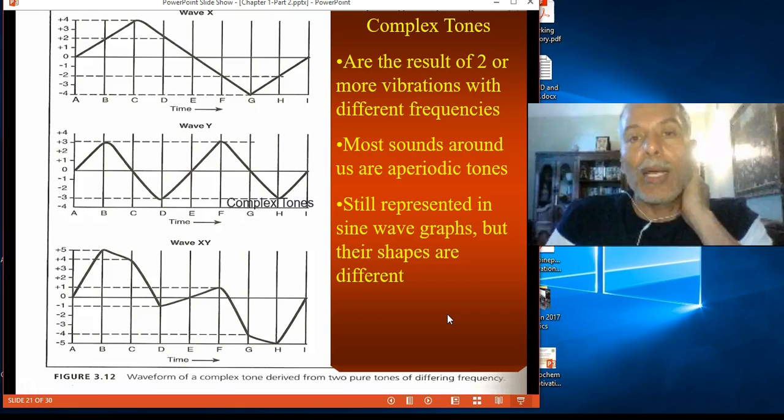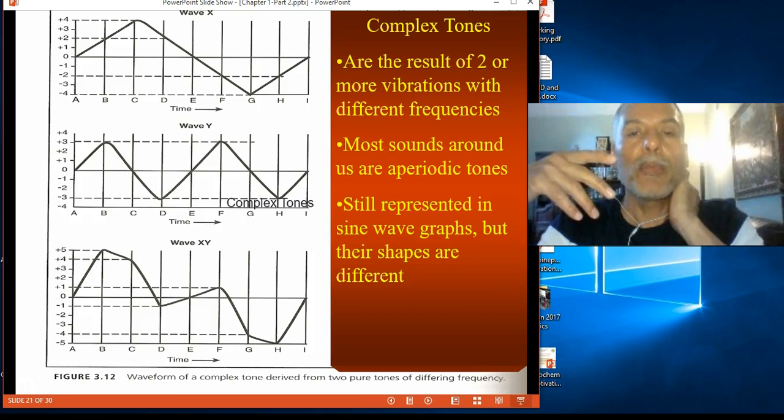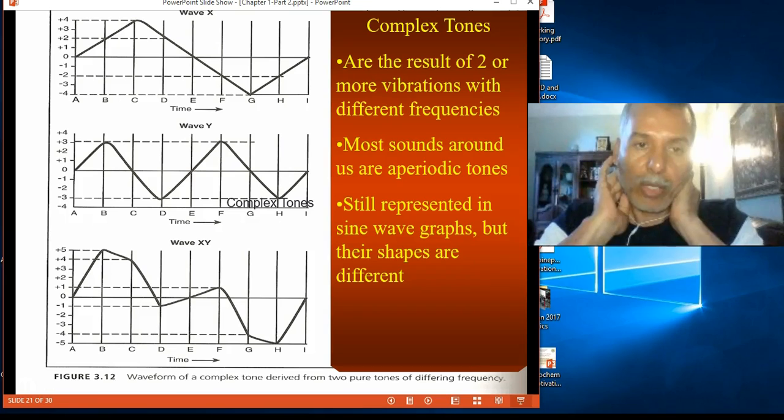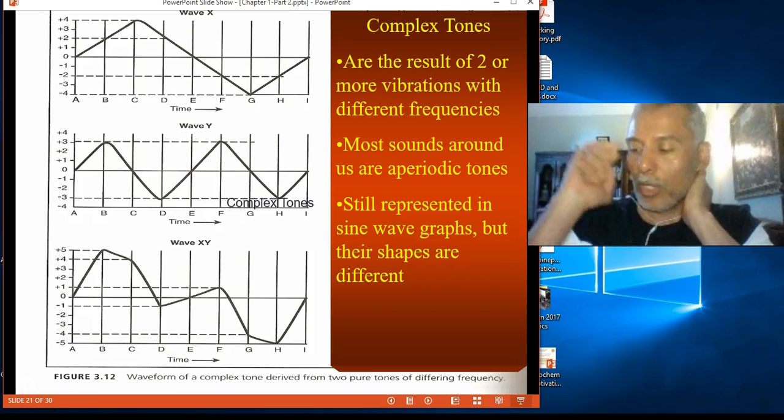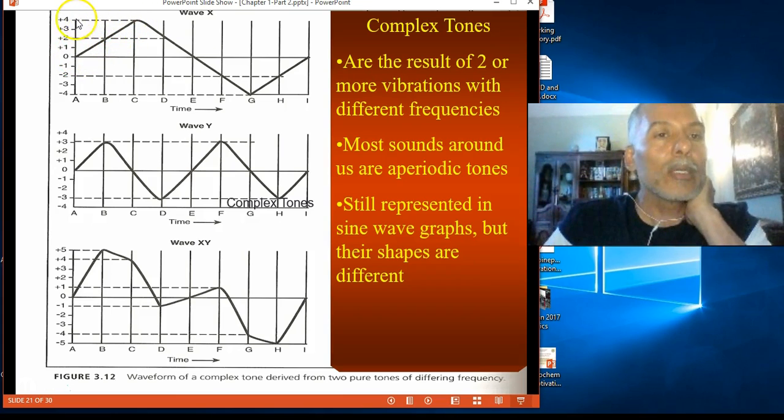What happens when we add pure tones, or we add any tones? If you add 2 tones together, they are going to produce complex tones. These tones can be periodic or aperiodic. Let's look at these 2 waves that we have. Here's the top wave. 0 is rest, and from 0 you go up, maximum amplitude is 4, and then rest again.